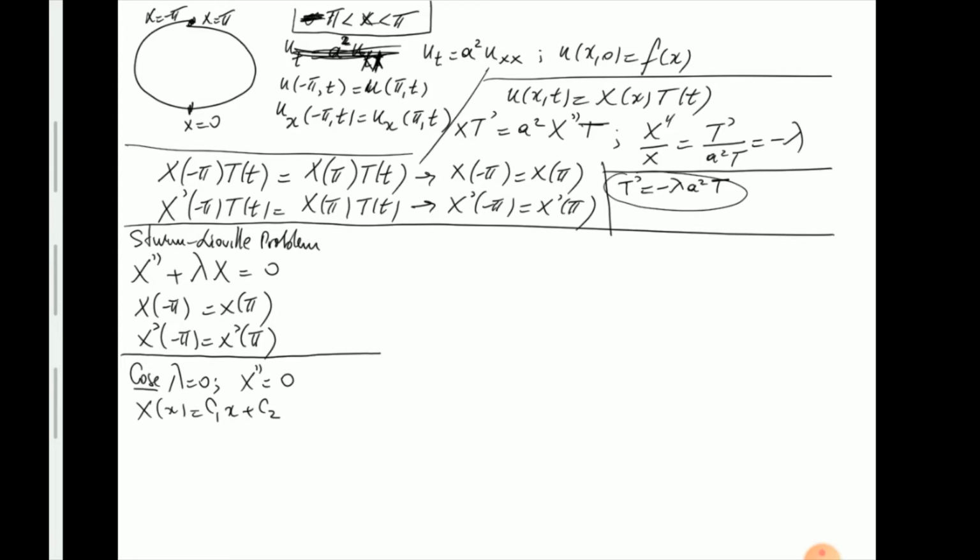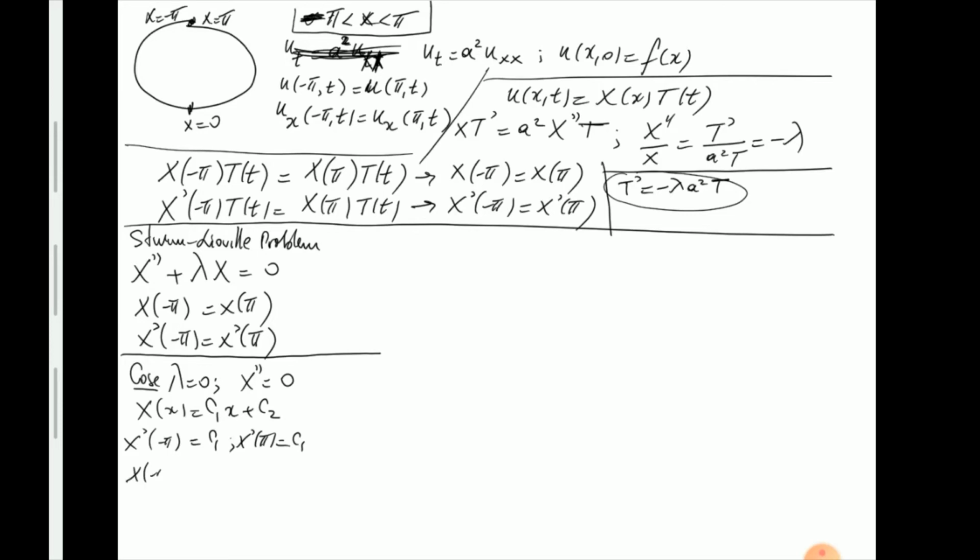Okay, so now let's pay attention here. If I plug in minus pi, first of all, the easiest thing to notice is that the condition on X prime is satisfied no matter what, because X prime of minus pi is equal to c1, X prime of pi is equal to c1. So that's satisfied no matter what, because X prime is c1 for any x. But what about the other condition, X of minus pi equals X of pi?